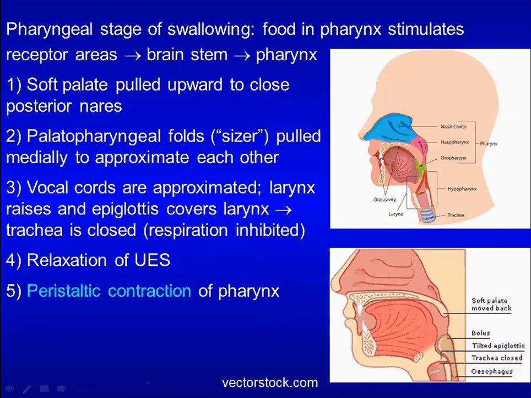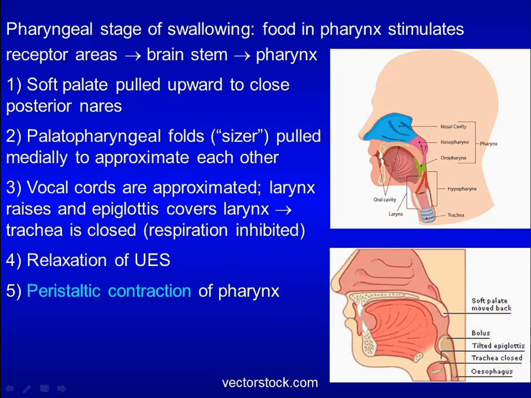Impulses from these pass to the brainstem to initiate a series of automatic pharyngeal muscle contractions. More specifically, the soft palate is pulled upwards to close the posterior nares to prevent the reflux of food into the nasal cavity.